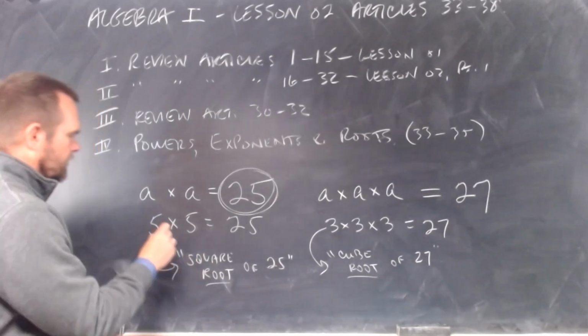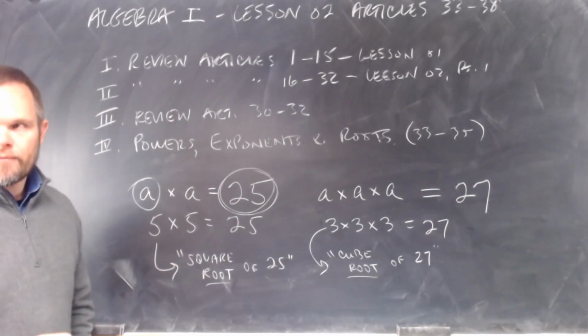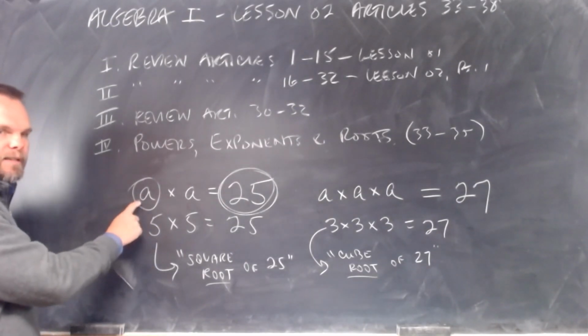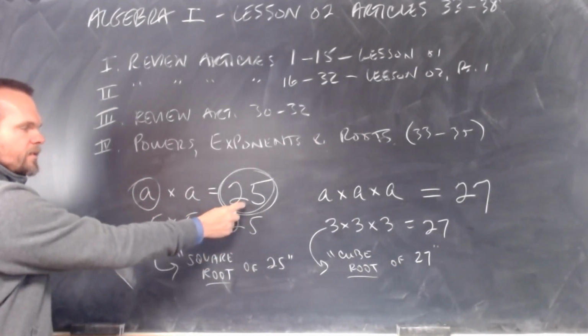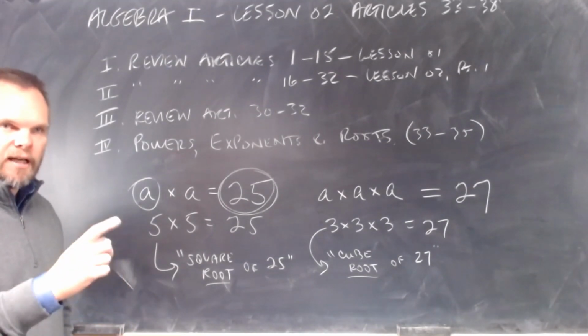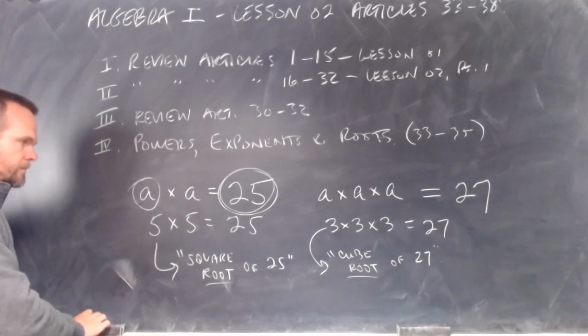The root is the factor. The power is the product. The root is that factor, multiplied by itself a certain number of times produces that power. Roots and powers. Okay?